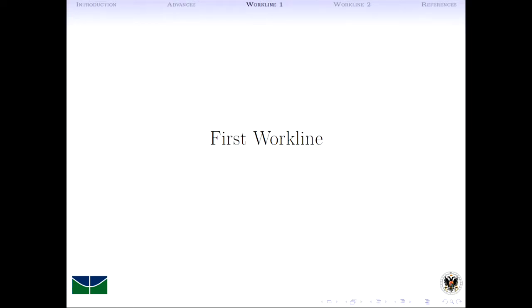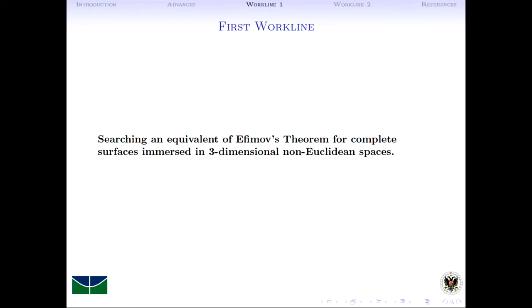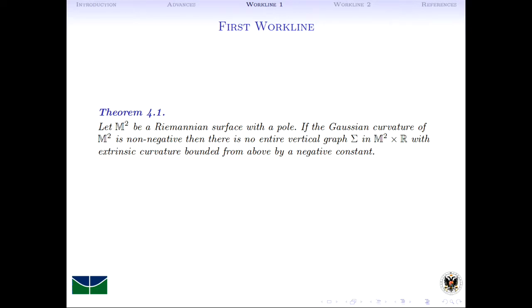About the first line of work, before presenting results concerning space forms, I want to introduce in the first place a little result concerning product spaces.